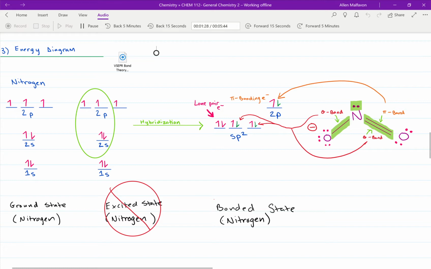So we can see that after hybridization, we have a lone pair in the sp2 orbital, and we have 2 unpaired electrons. And I have traced lines from the pi bonds between nitrogen and both oxygen atoms to show where the other electrons are coming from.